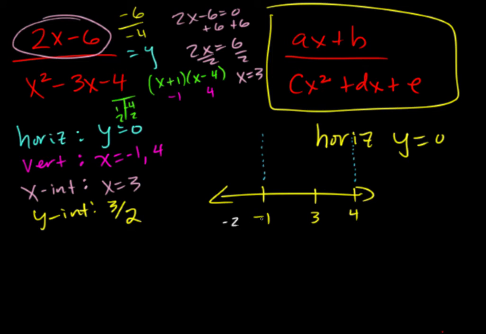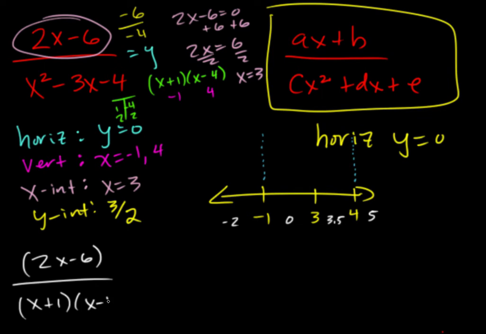We need to pick our values that are in between these other values. And what I'm going to do is plug it into the function in factored form. Sometimes it's easier to do it that way.